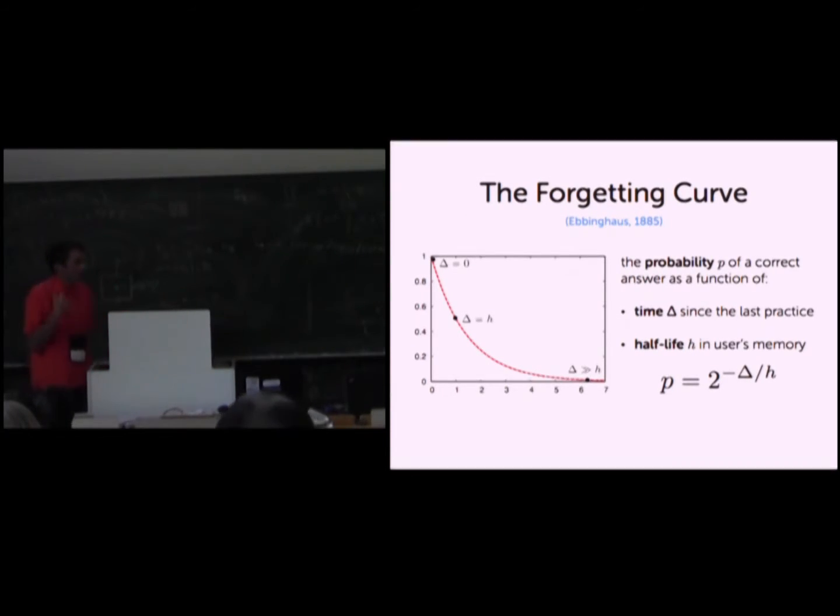Another important concept from psychology is the forgetting curve from Ebbinghaus, who was actually a professor here at Humboldt University, or the University of Berlin, until he was passed up for promotion and went elsewhere.